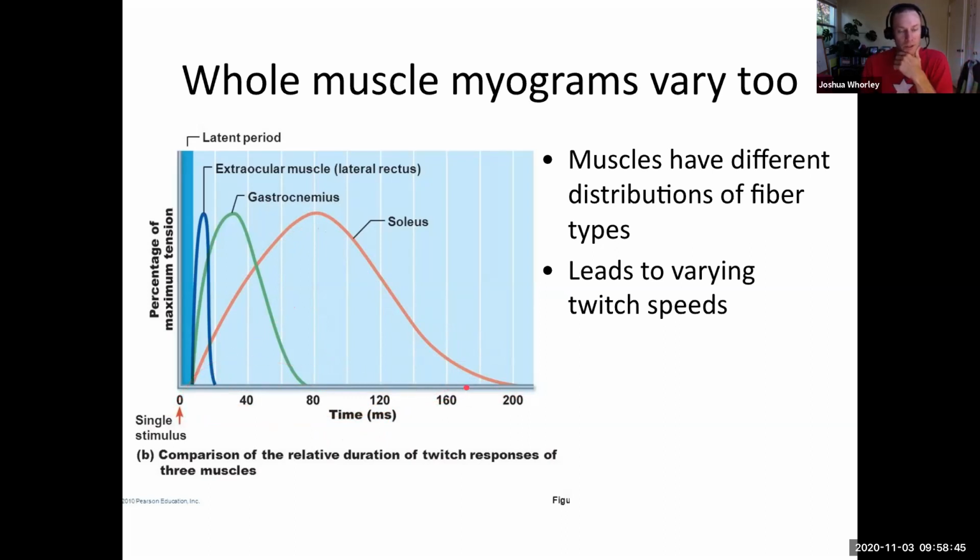It takes a pretty long time. In comparison, the gastrocnemius must have many more hybrid fibers and type 2A or 2X fibers, because this reaches its contraction phase much quicker, and the relaxation phase is much shorter. This isn't even 80 milliseconds for a complete twitch contraction of the fibers of the gastrocnemius muscle.